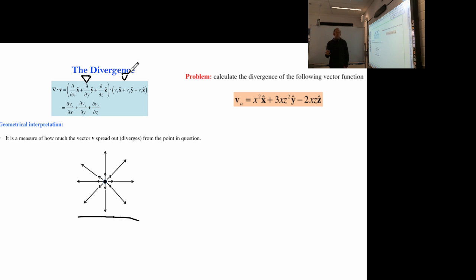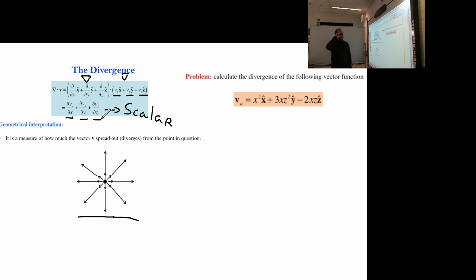Now whenever you take the divergence of a vector function, what you're left with is a scalar. Okay, so we take the partial derivative of our Vx component with respect to x, partial derivative of our Vy component with respect to y, and partial derivative of our Vz component with respect to z.